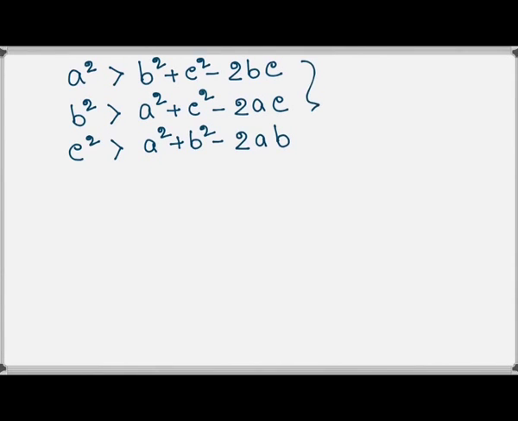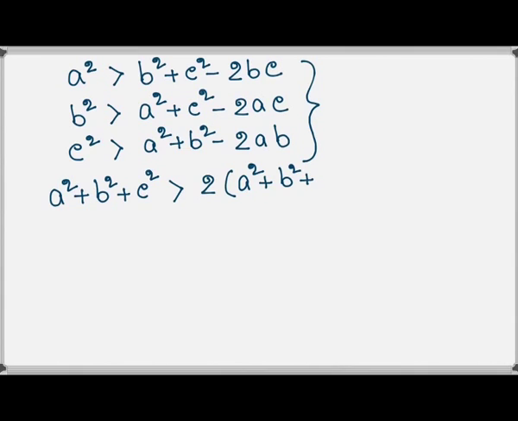Now we add all these three inequalities. Then we obtain a² + b² + c² > 2(a² + b² + c²) − 2(ab + bc + ca).